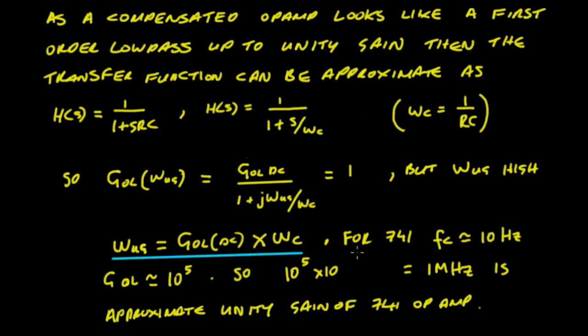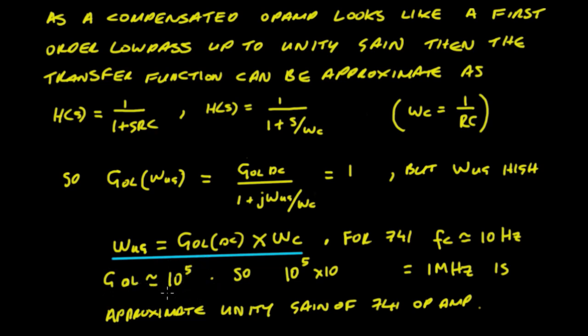Now we can see for a 741 op-amp that the fc is approximately equal to 10 Hz. So the cut-off frequency is equal to 10 Hz, and the open loop gain is equal to 10 to the 5.